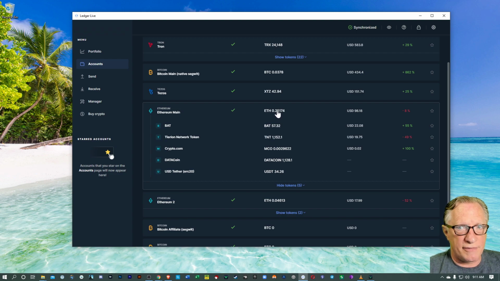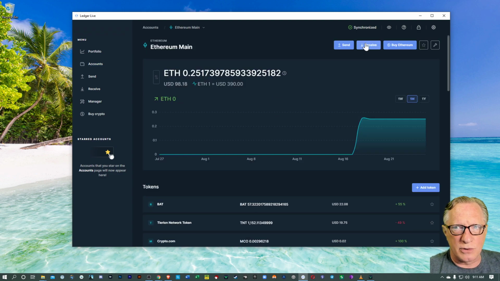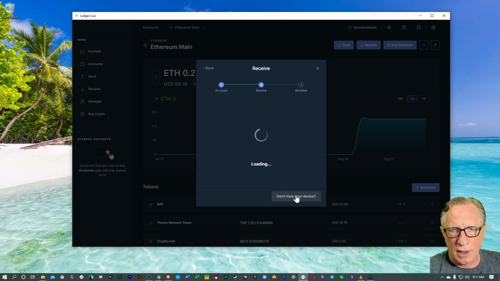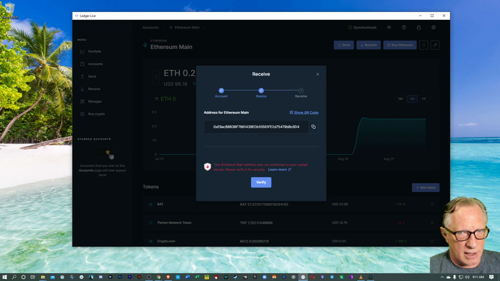And so if I were to say, I want to do a receive, and we look at that address, right? That is an Ethereum address. That's a public address. So if I were to give that to you or someone else, they could send me Ethereum. Now, they could also send me ERC20 tokens to this address. Let's just look at the last few characters, BC64.